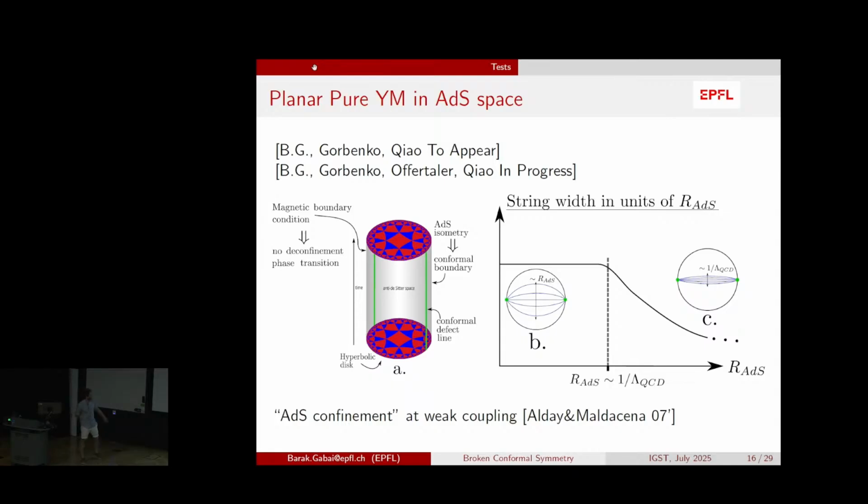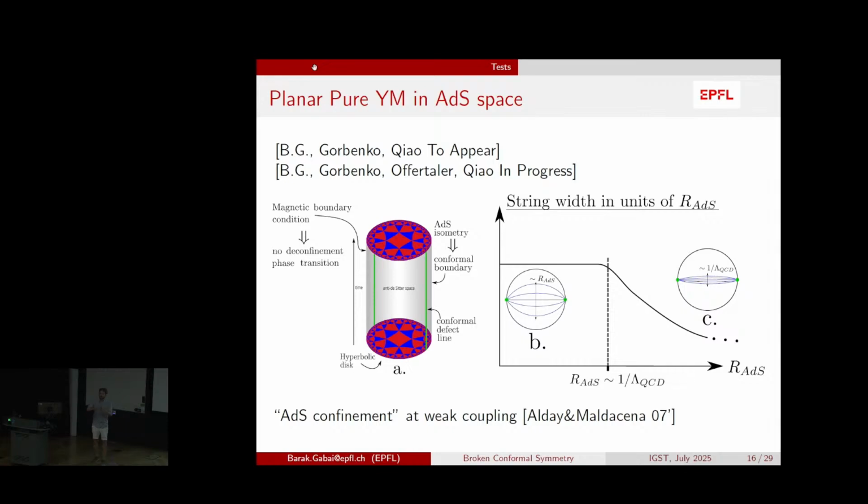And if I add these Wilson lines on the boundary, I have this funny situation where at large radius I have the confining string stretching between this kind of source and sink of flux. And as I take the radius to be smaller, as I cross roughly 1 over lambda QCD, the AdS geometric confinement takes over.